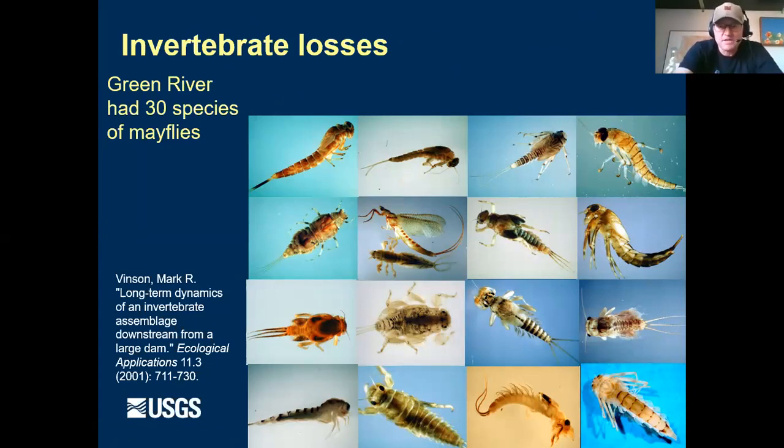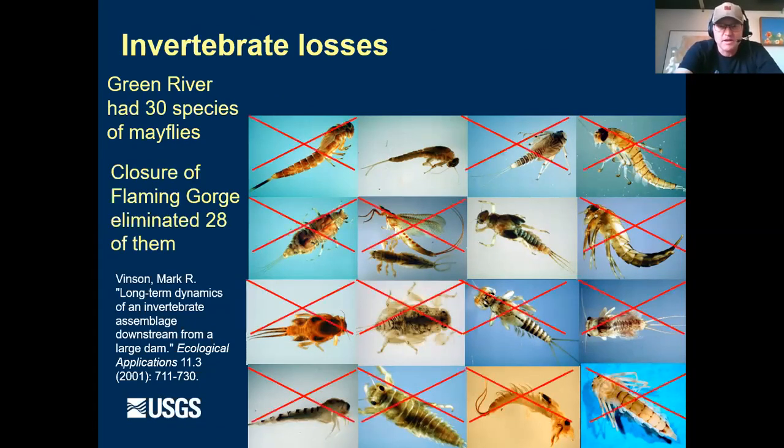And then after the dam was put in, 28 of those were eliminated. We don't have this same kind of record available for Grand Canyon, but this gives you an indication of the species losses that can happen when you completely change the physical template of a river like we have.